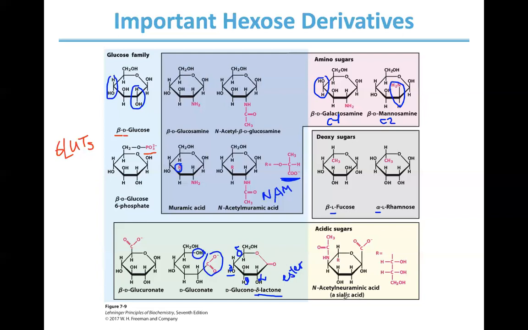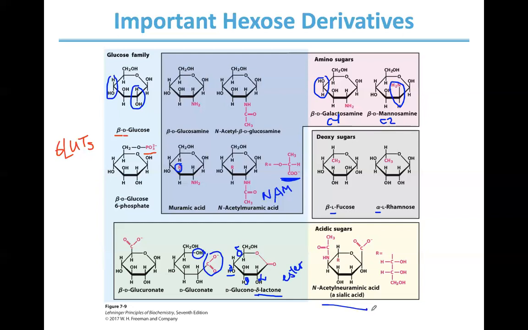And the last one is sialic acid. We'll talk much more about sialic acid when we talk about lipids, because it's overexpressed on the surface of cells, and particularly overexpressed by cancer cells.